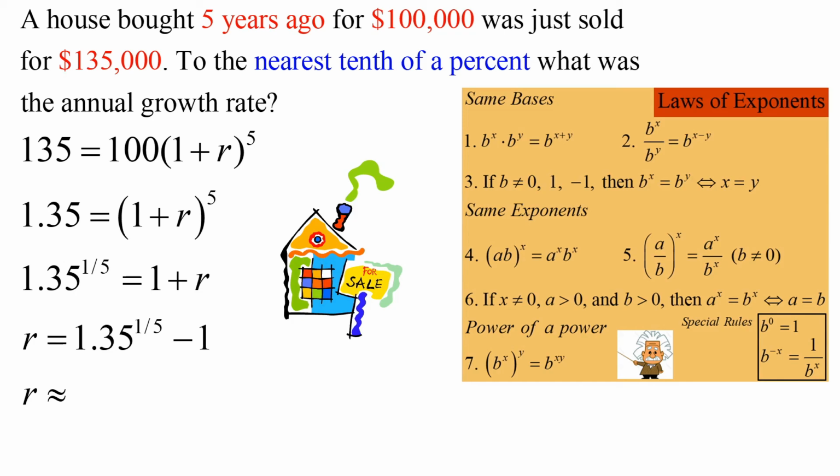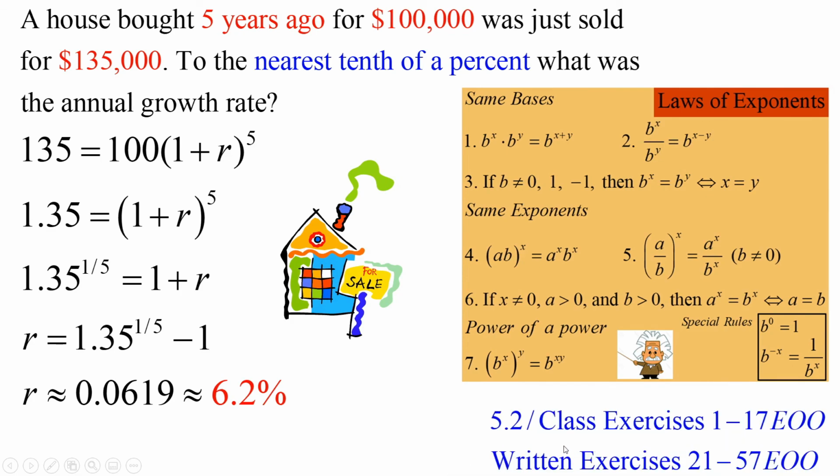And I'm getting 0.061858... Now I need the nearest tenth, so how about if I start now with 0.0619. Okay, now tenth of a percent. So I've got to move this decimal 2 places to the right. So 6, and then tenth of a percent. Wouldn't that be 6.2%? So R, my growth rate, is approximately 6.2%.